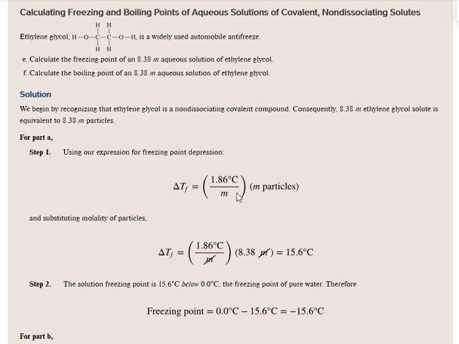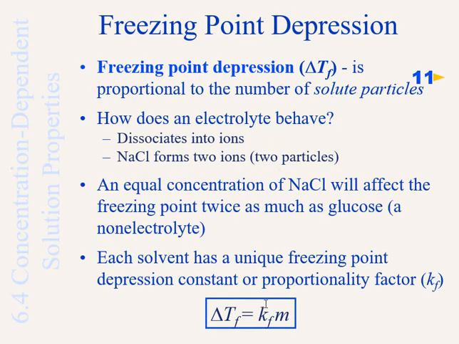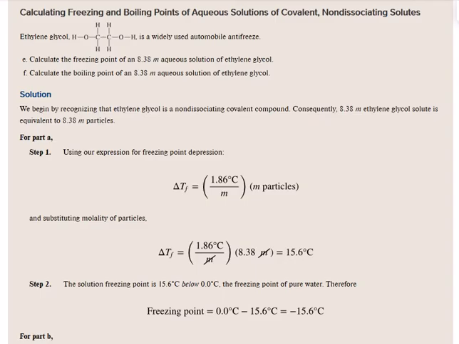Now here is the unique Kf value for water. We earlier said that there is a unique value for Kf as well as Kb for a particular solvent. For water, Kf is 1.86 degrees Celsius over m. That's the unit for the Kf.